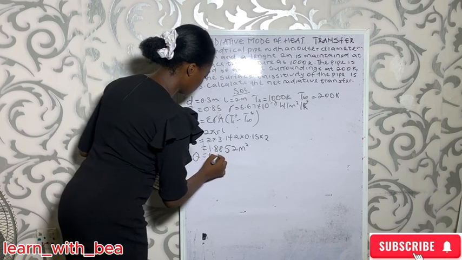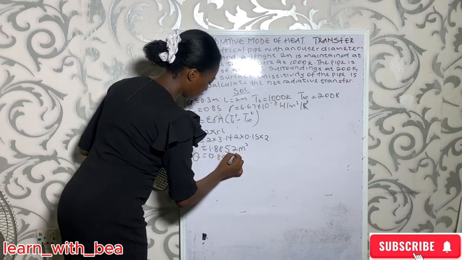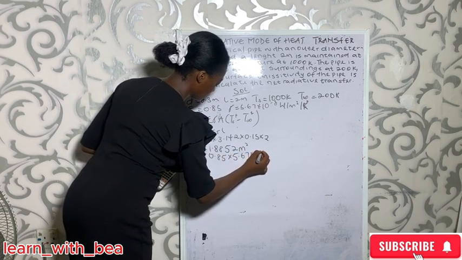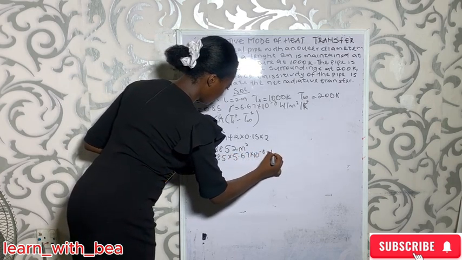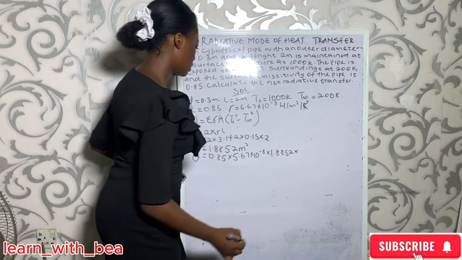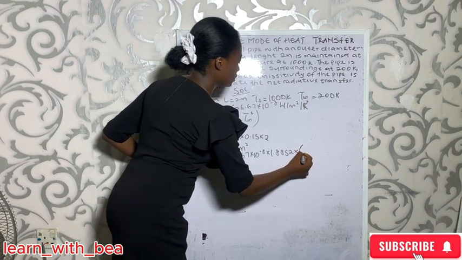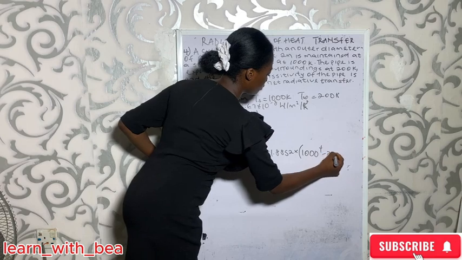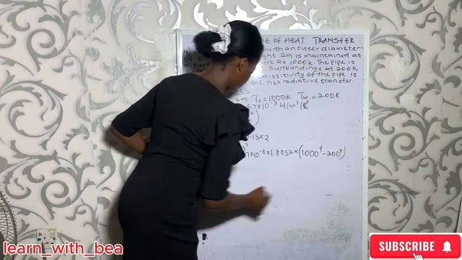So we can now calculate our Q. Emissivity is 0.85. Constant is 5.67 times 10 to the minus 8. Area is 1.8852. Then Ts is 1000 raised to power 4 minus 200 raised to power 4.